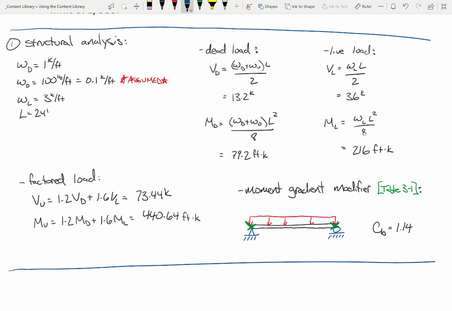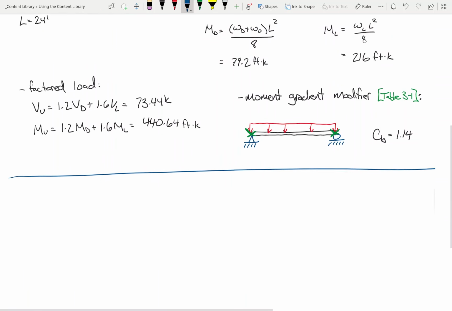And we know that CB is 1.14. Like I said, we're dealing with low CB terms right now. Step 2 is going to be the same as we've done before. Step 2 is going to be looking at our required moment of inertia.